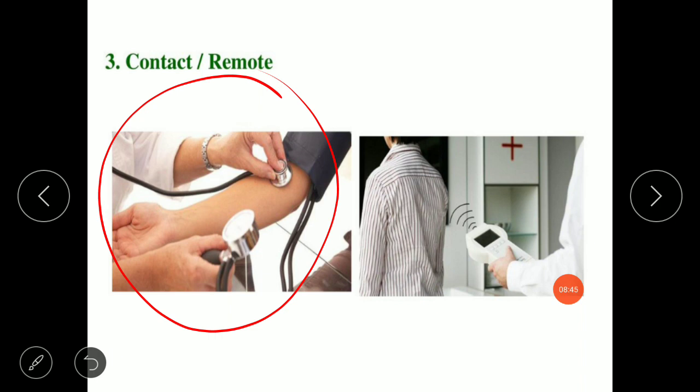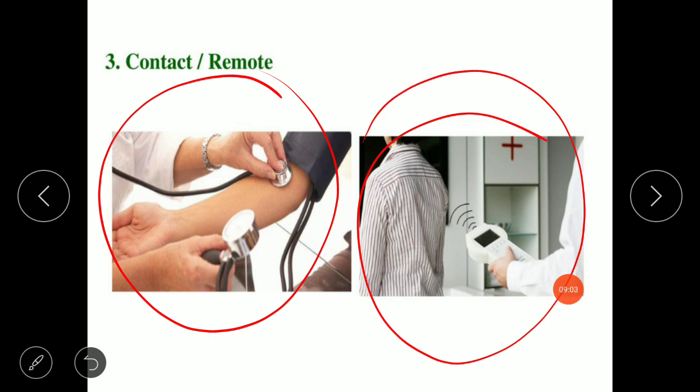Contrary to that, in remote instruments you can have MRI or ultrasound imaging systems. These systems can measure internal deformations and forces without actually contacting the tissue. It is at a remote distance. So MRI and ultrasound imaging are examples of remote instruments.